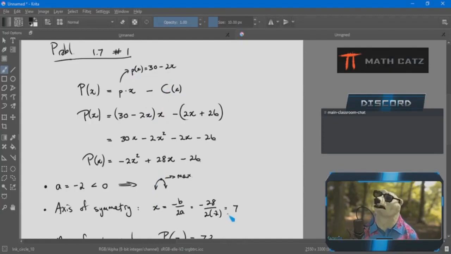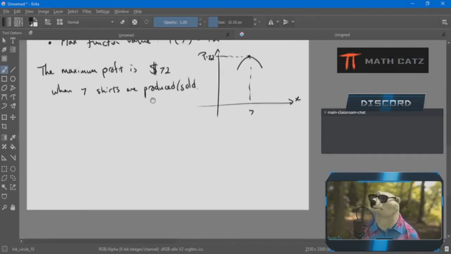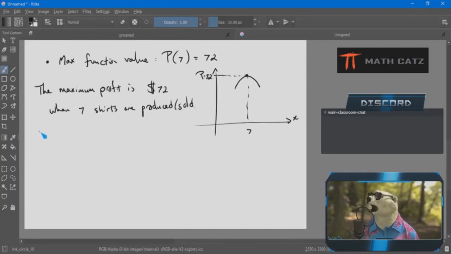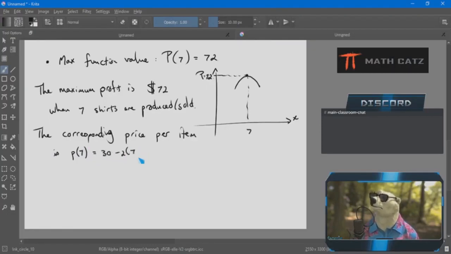I now know I should sell 7. So my corresponding price per item, t-shirt, is given by little p of 7. What was it? 30 minus 2x. So 30 minus 2 times 7.